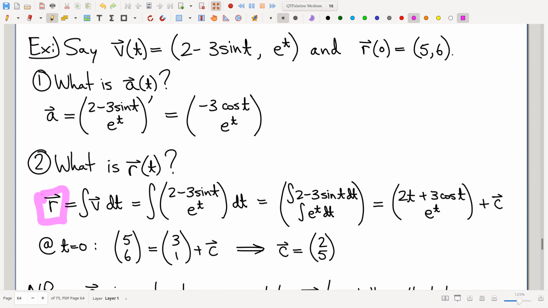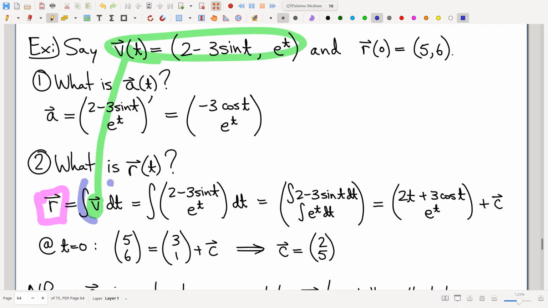Is that cool? So that's all I'm doing here. Taking the same velocity that I was given, and I just take an antiderivative of velocity, because velocity is the derivative of the position. That might even be familiar, right? Y'all probably did something very like this in a Calc 1 class.